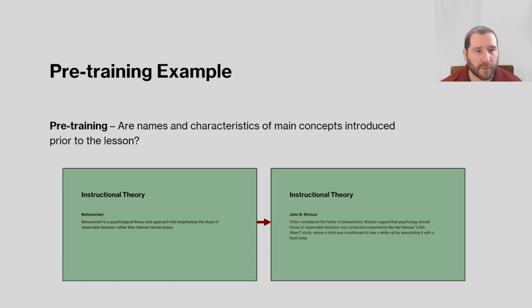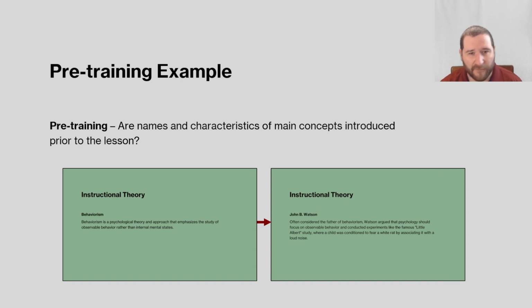But this is the idea of pre-training, where we shouldn't be surprised by terms and main concepts as they come up, right? We should try to flesh those out prior to the lesson, or at least prior to them coming up in the lesson. That way students aren't trying to figure out, well, what's behaviorism? Who's John Watson? Why is this experiment relevant?